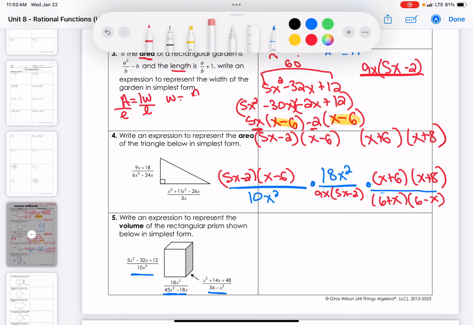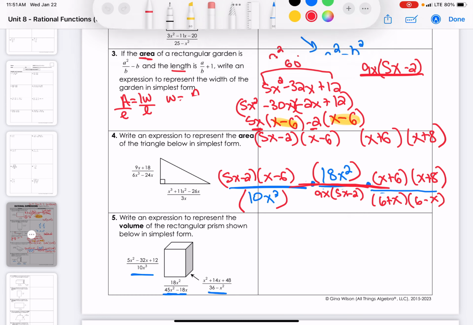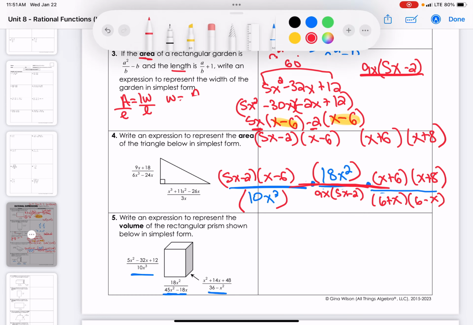Now let's just simplify. Again, when they're multiplying, just remember this is just one big fraction. All right, so what do we got? I'm going to do the 5x. Let's change the color so we keep up. 5x minus 2. What else could we do?